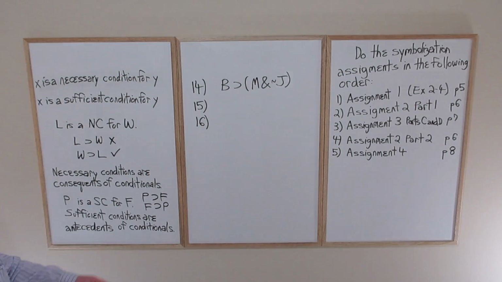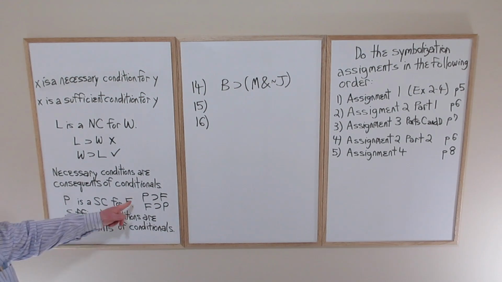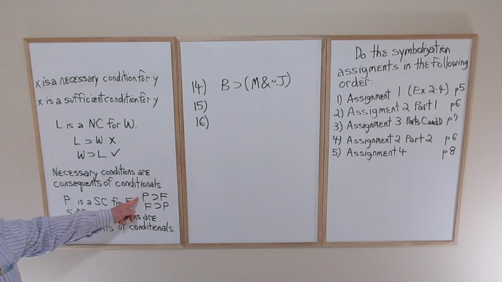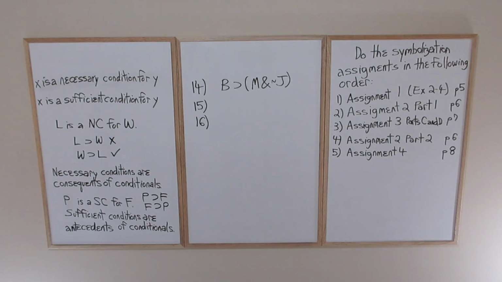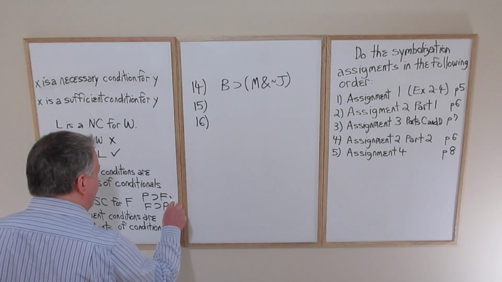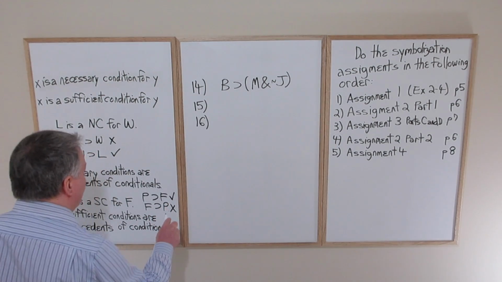Once again, we can ask ourselves, is the underlying logical implication of this English sentence, your being in Paris is a sufficient condition for your being in France, if you're in Paris, then you're in France, or if you're in France, then you're in Paris? Answer, this time, it's the top one.